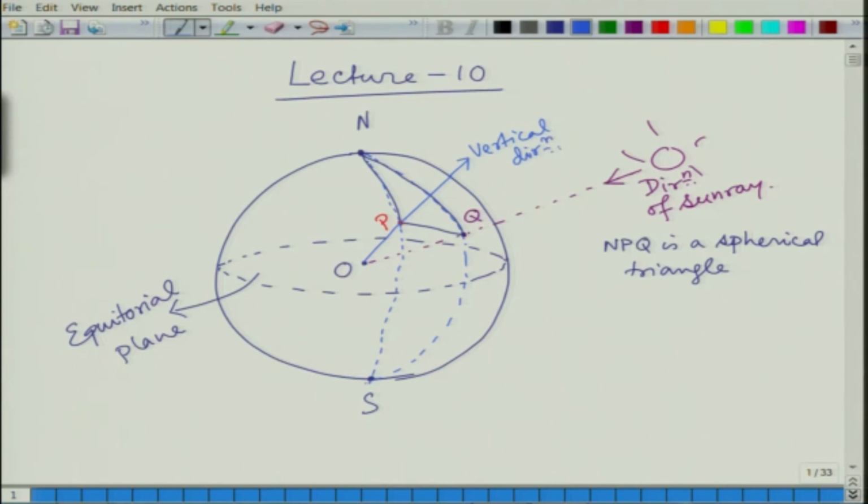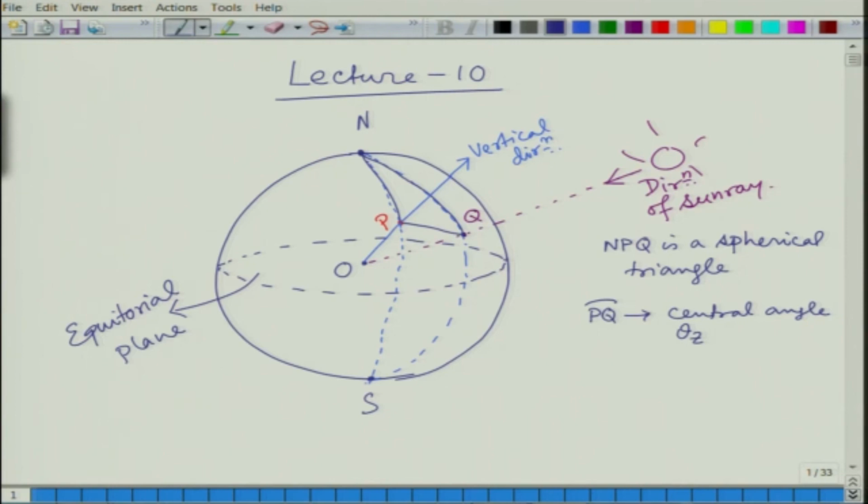Here a few important angles we already see. One is the arc on the surface of the sphere, this PQ, which represents the central angle theta z.